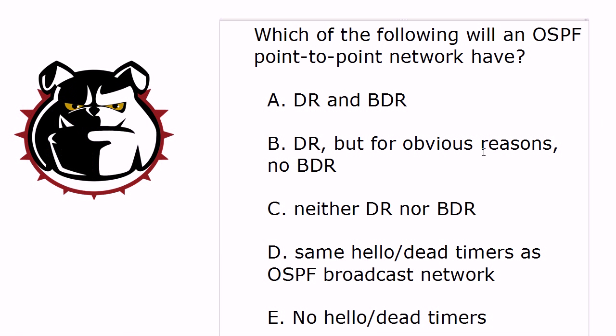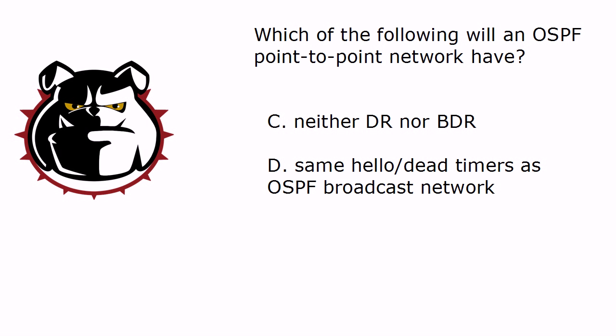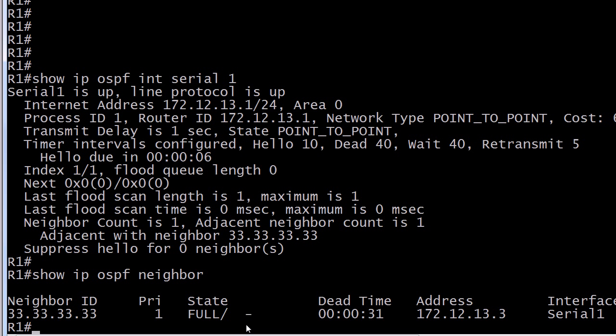So you are not going to have a DR or a BDR on a point-to-point network. That is also true of the OSPF network type point-to-multipoint, because OSPF considers that just a collection of point-to-point links. The first time I saw that in my route studies, it threw me. I'm like, really? It doesn't have a DR or a BDR? But that's why you see the dash right there on a point-to-point network type.